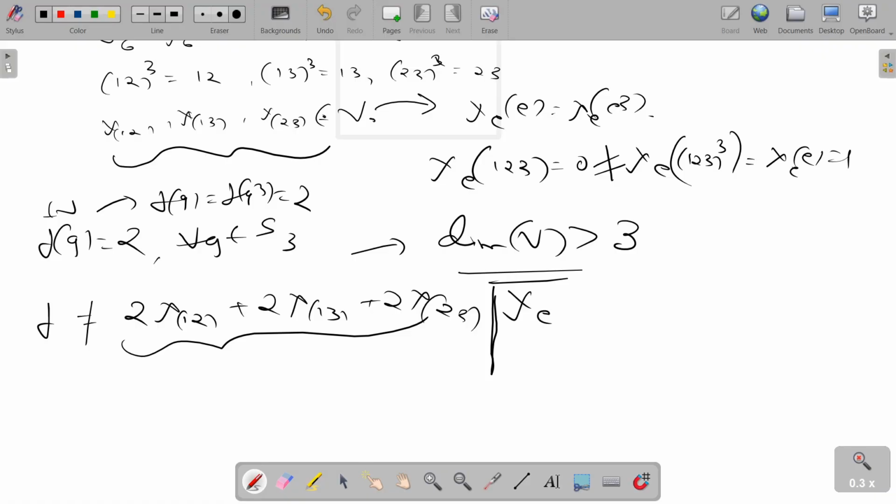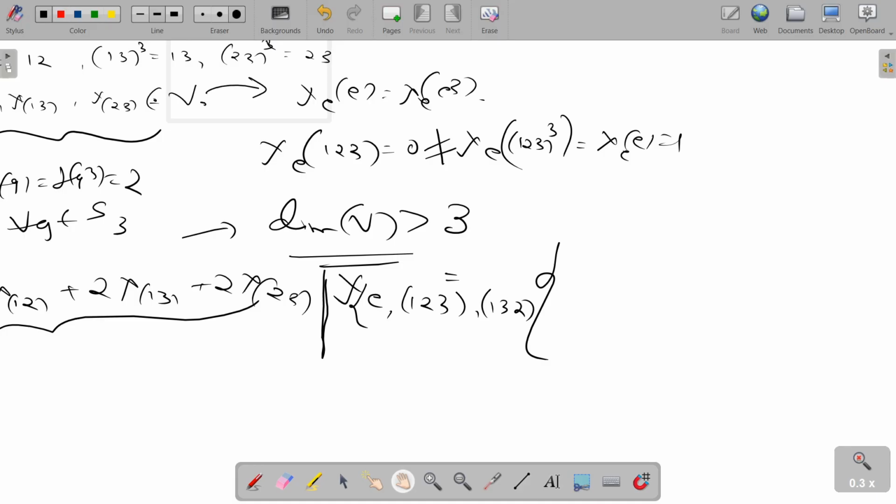How can we include the identity? Let's include this: chi of identity, 1 2 3 and 1 3 2. This of g is nothing but 1 if g equals identity, 1 2 3 or 1 3 2.